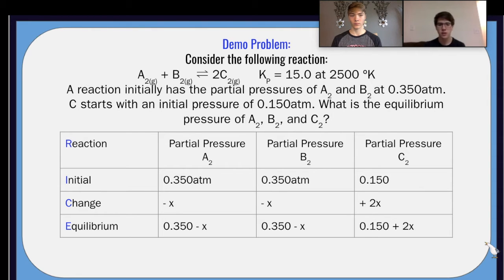The initial is for the initial concentrations, and you can see I have that filled in. I'm noticing that the 0.150 should have atmospheres by it as a unit, but anyways, you'll notice that I also have a change row, and I have that filled in already, and you may be wondering how I did that.